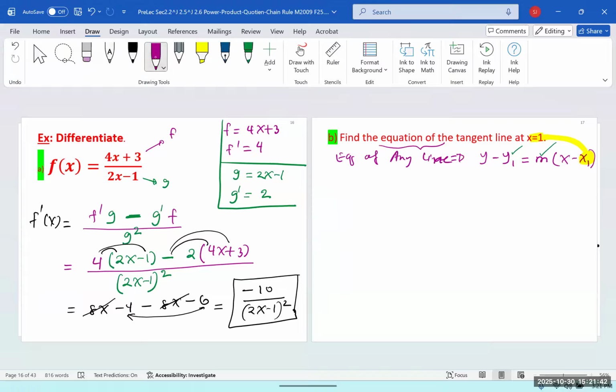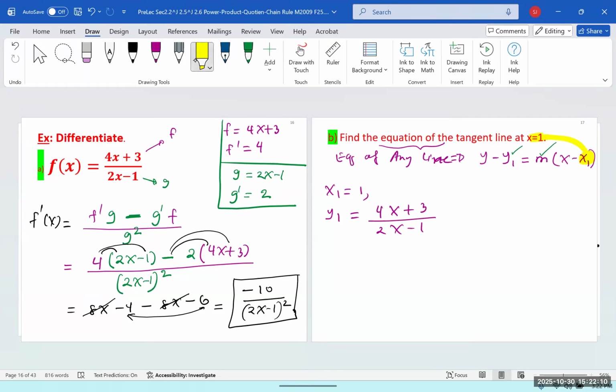How do you find y1? We are given the x1, right? X1 is 1. Then how do you find y1? Plug that into which equation? The original one, because x1 is on the original one, so your y1 must be from the original one. The original equation is 4x plus 3 divided by 2x minus 1.